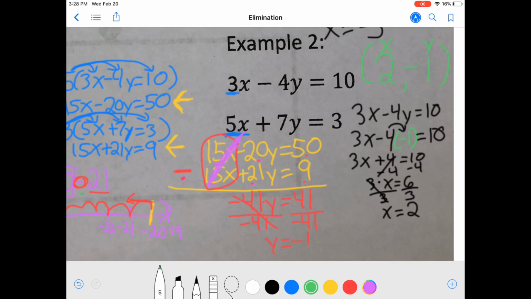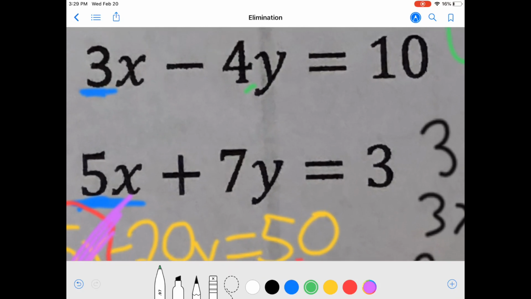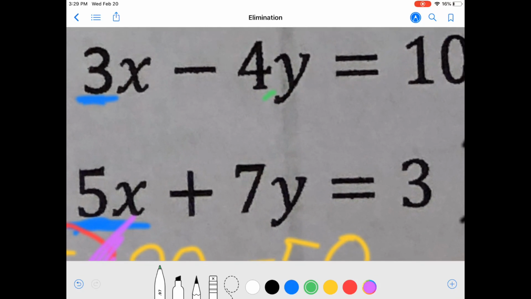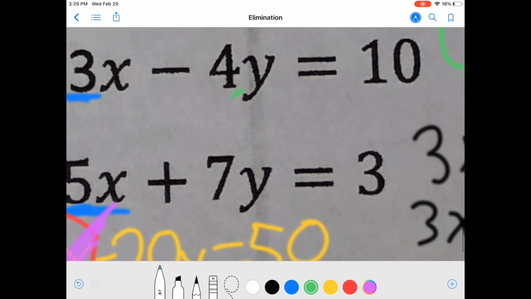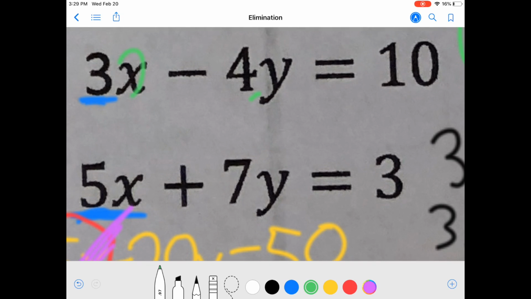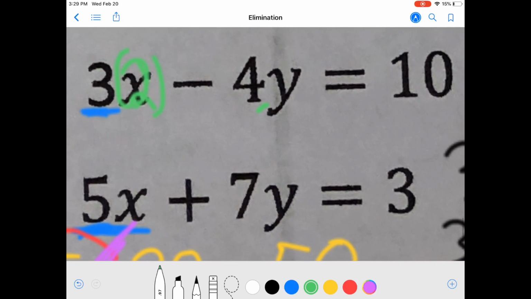Now, after all of that, if you're asked to check yourself, you've got to plug the x and y values back into one of these equations. For the x value, we got 2, and for the y value we got -1.